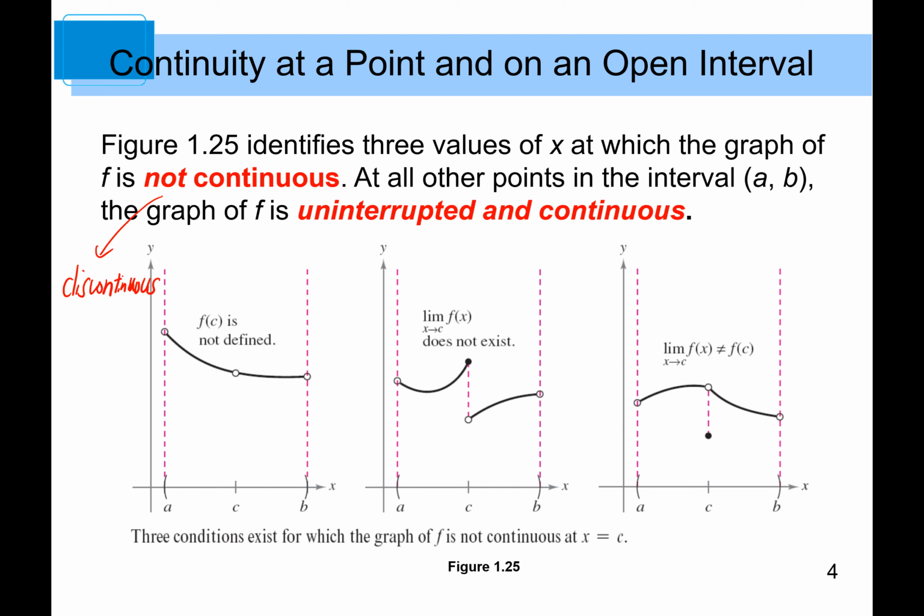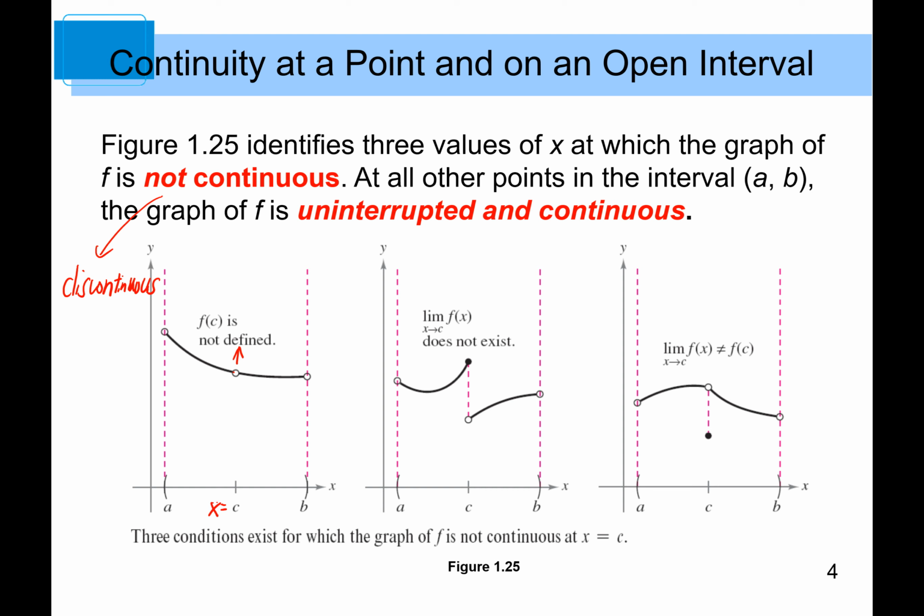So first scenario is we have an open interval (a, b), and that's a hole for this part of a curve. So at this point, f of c is not defined. That means it's discontinuous, or not continuous, at x equals c.